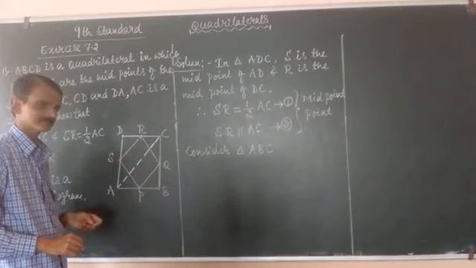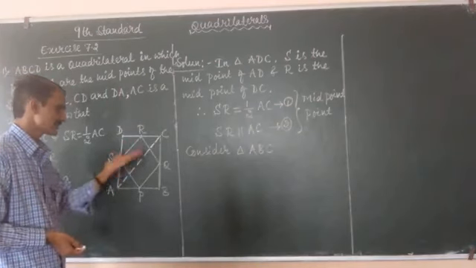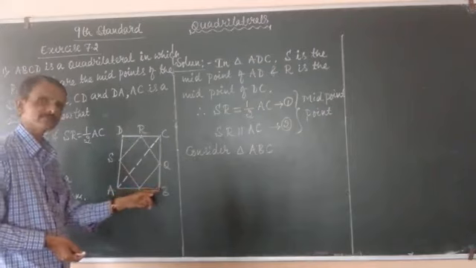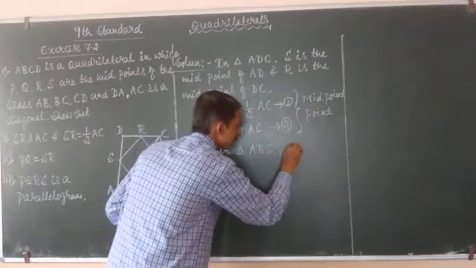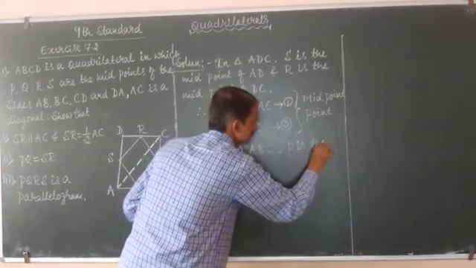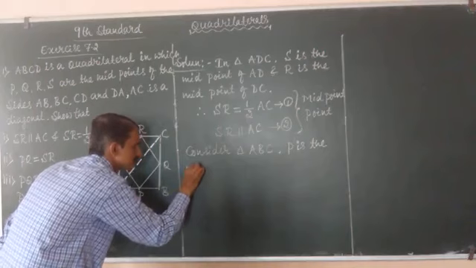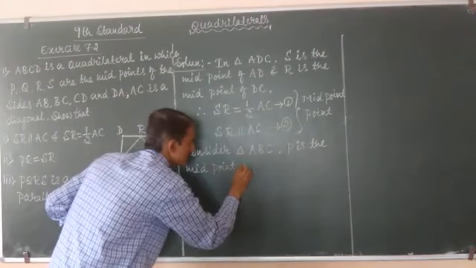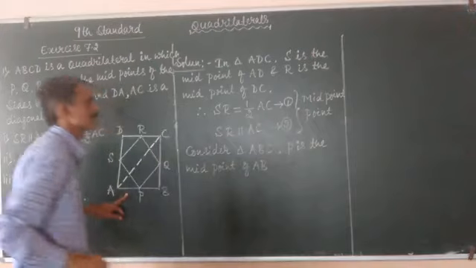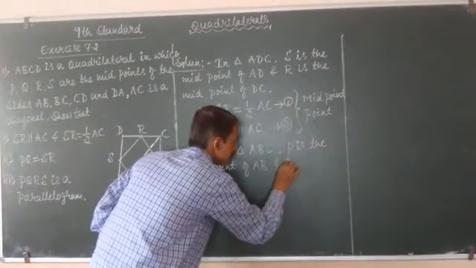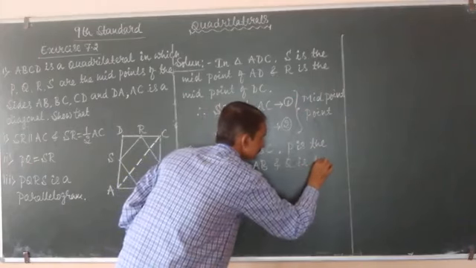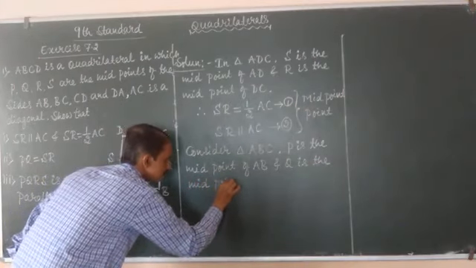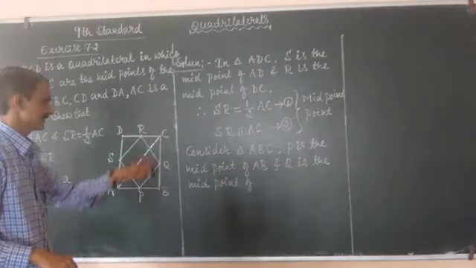In triangle ABC, P is the midpoint of AB and Q is the midpoint of BC.